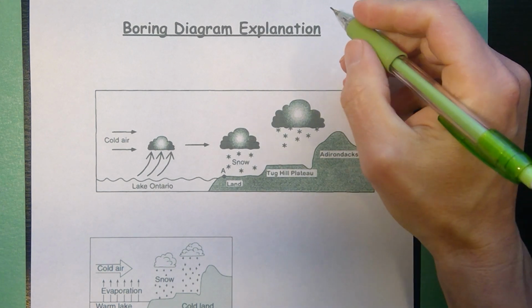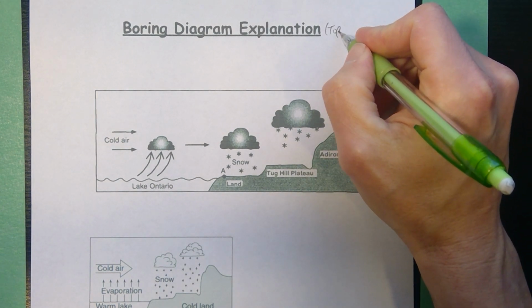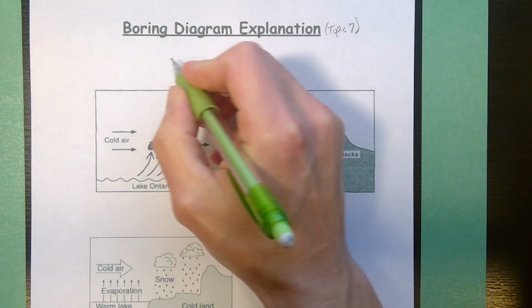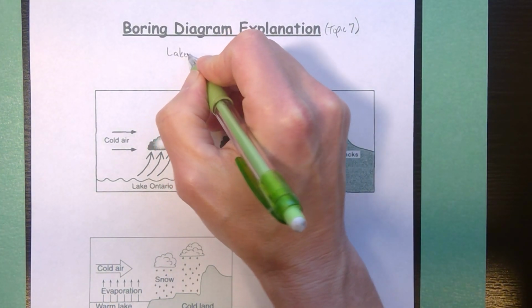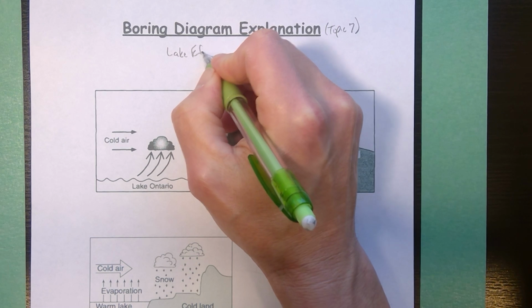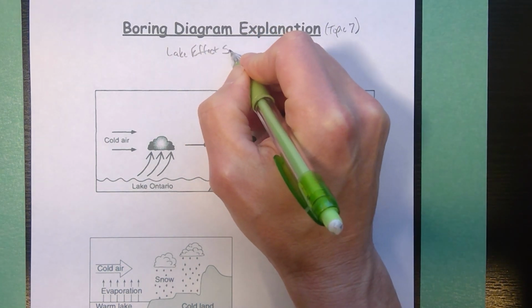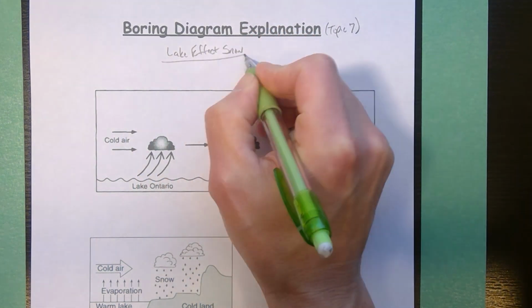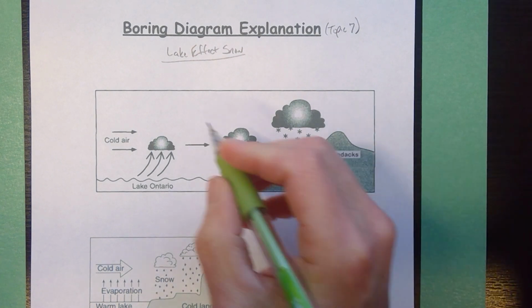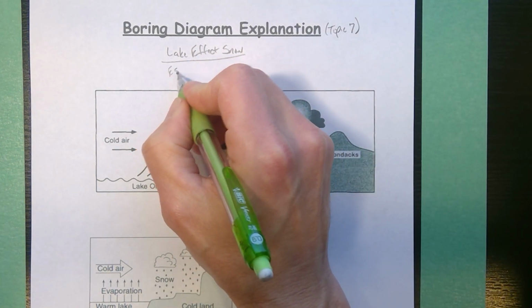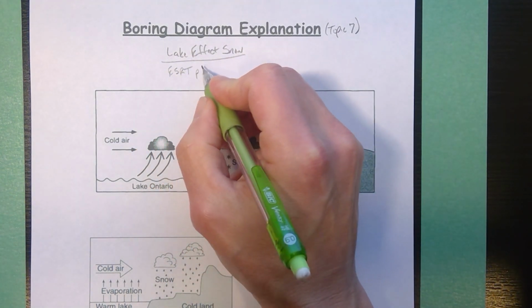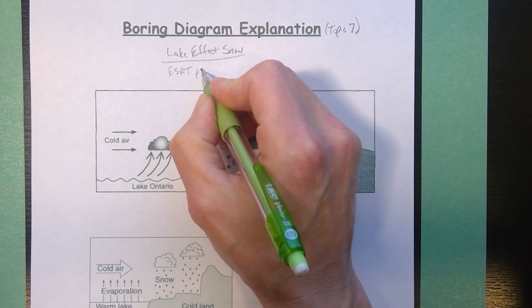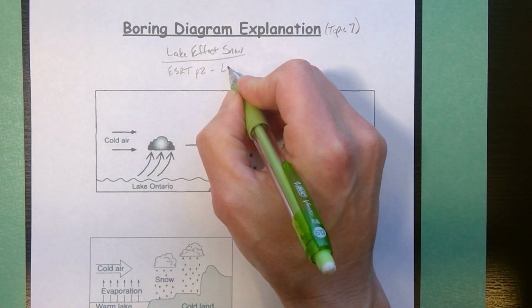So, as we said, this is topic 7, and this is giving you information about lake effect snow. Now, the best place to start with this is the Earth Science reference tables on page 2, which is the landscape map.